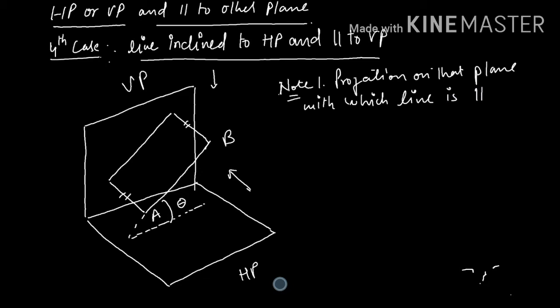In this case the line is parallel to the vertical plane, so we will draw its projection on the vertical plane. Let's say this is A dash, this is B dash.